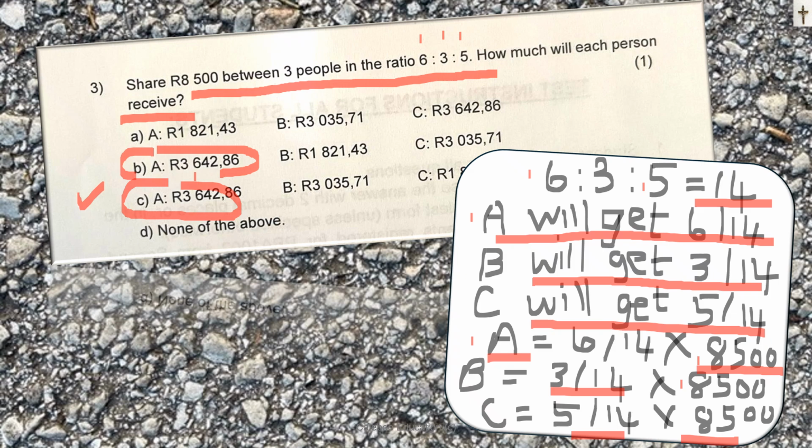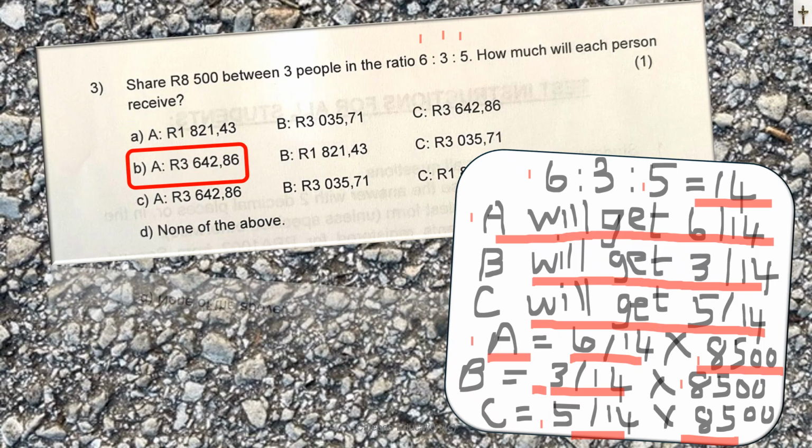So if you calculate 6/14 times 8,500, 3/14 times 8,500, and 5/14 times 8,500, and you round off to 2 decimal places, the answer will be B. You can go and do the maths and you will see.